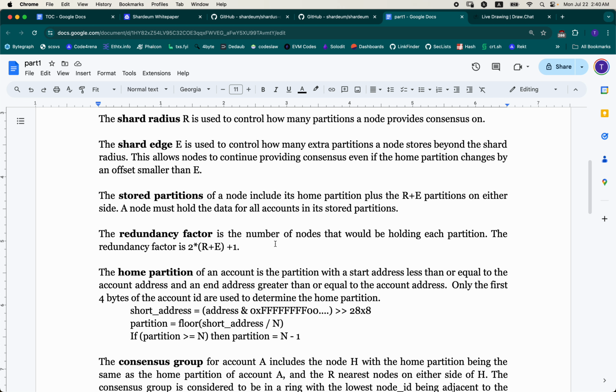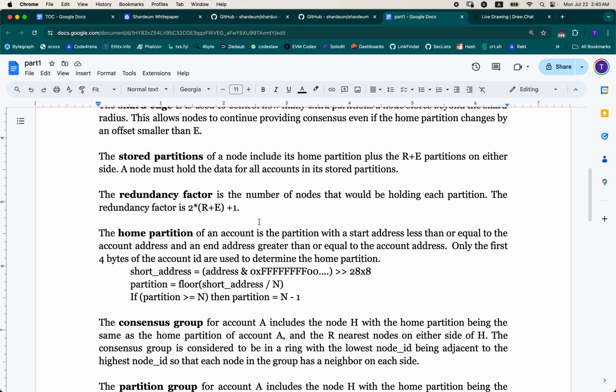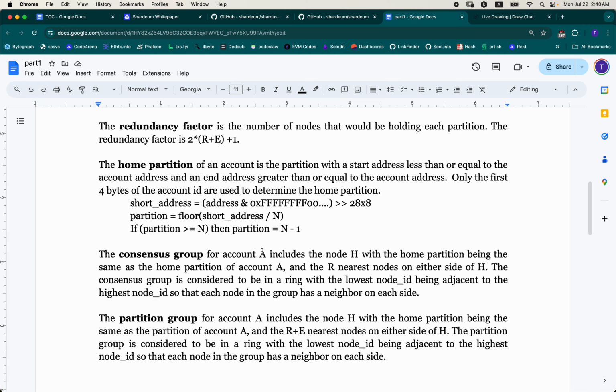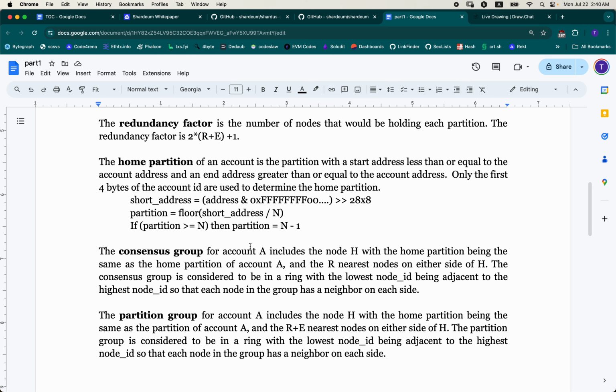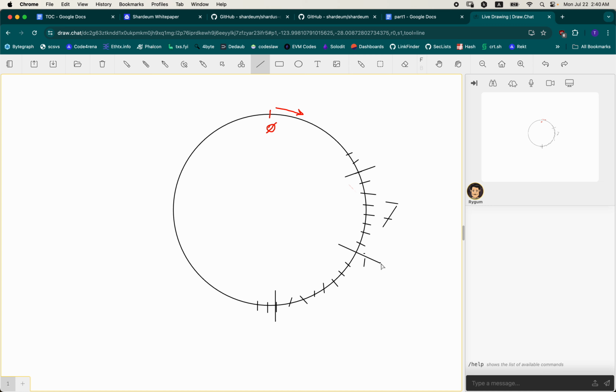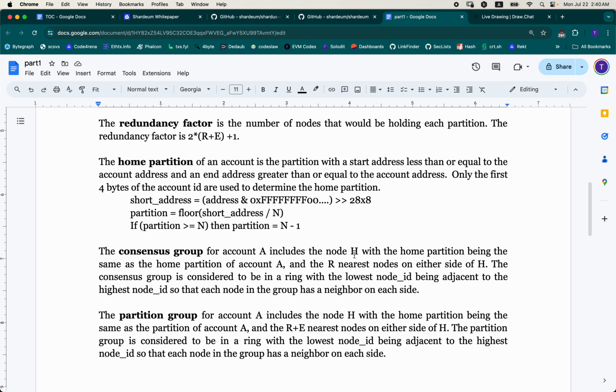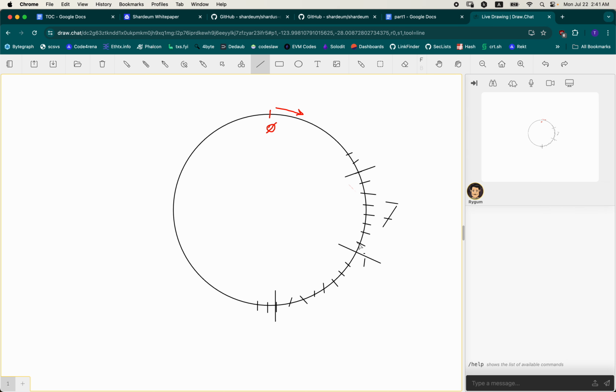Okay, redundancy factor. This is obvious. Consensus group. The consensus group of account A. Let's say account A is somewhere here, right? It includes the node H with the home partition being the same as the home partition of account A and the R nearest nodes on either side of H. As you remember, this is our home partition.